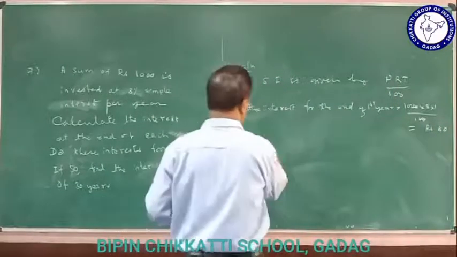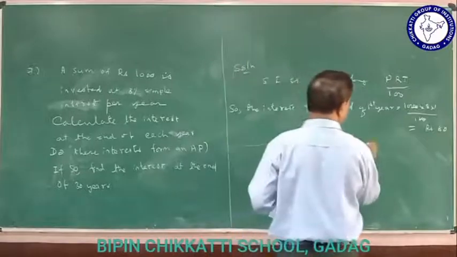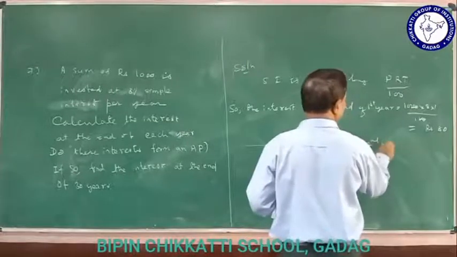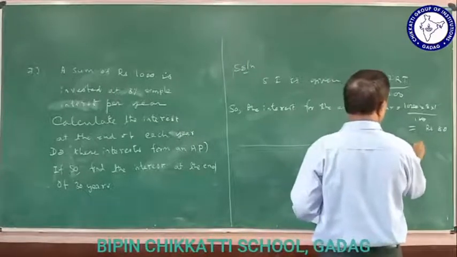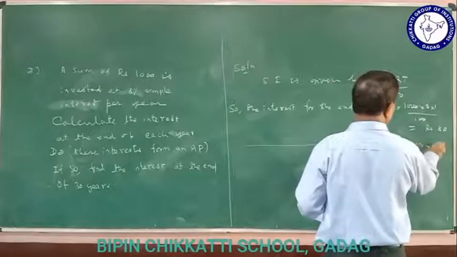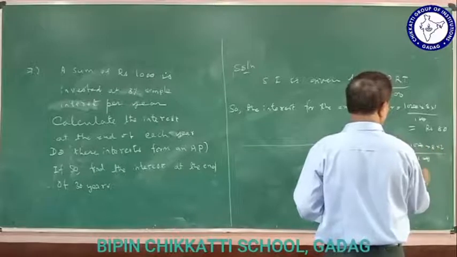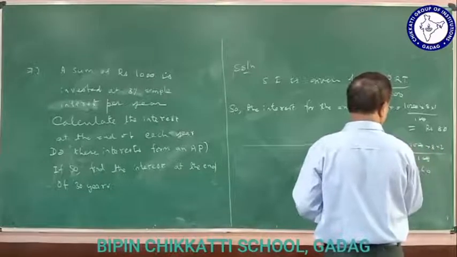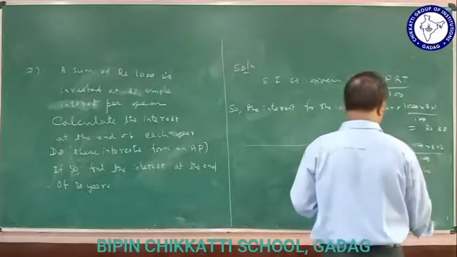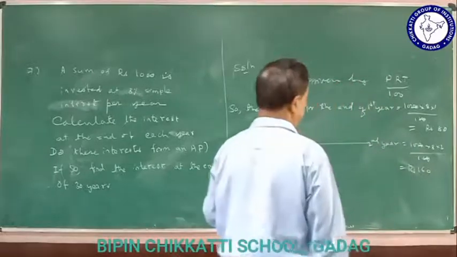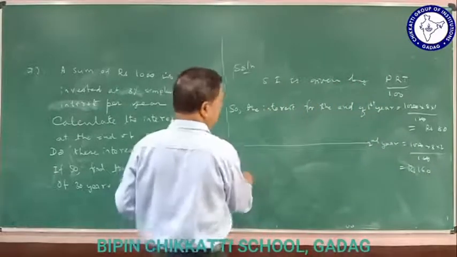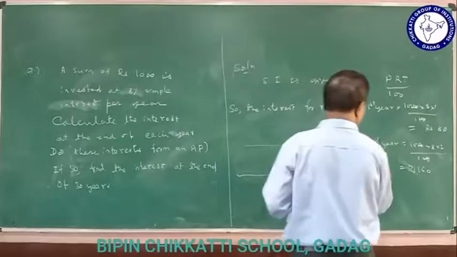And now you see the interest for the end of the second year. Second year: 1000 into 8 into 2 divided by 100. So this is Rs 160. One more, for the end of the third year.